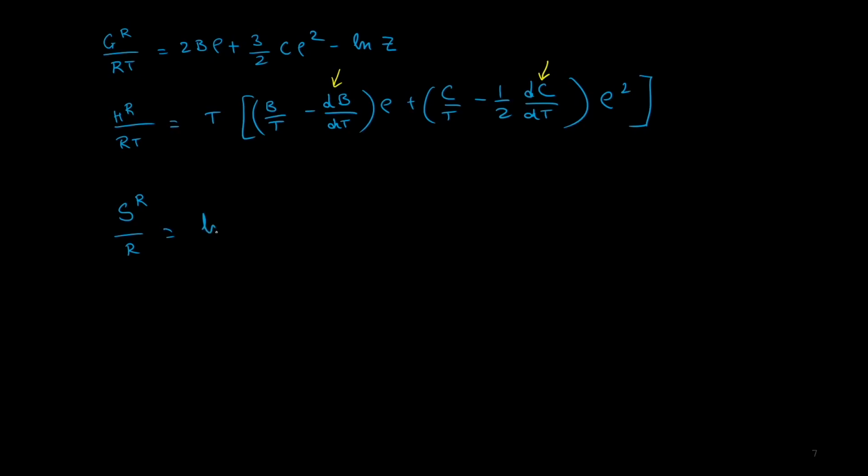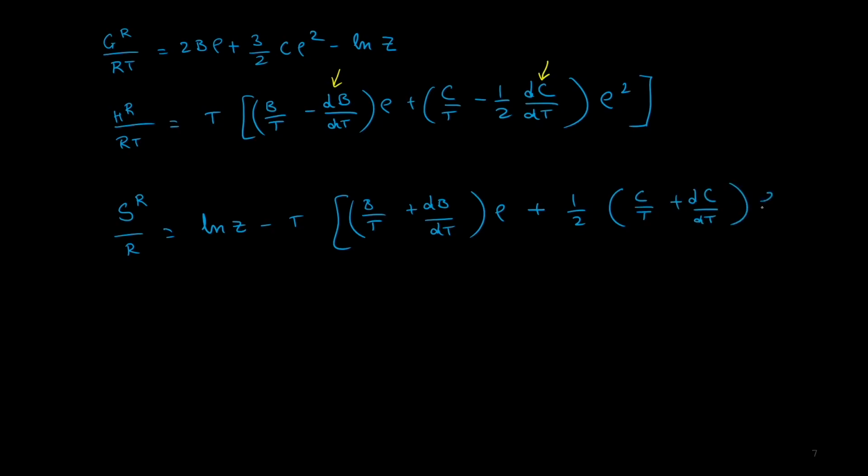It's going to be ln Z minus T times (B over T plus dB by dT) times rho plus half (C over T plus dC by dT) times rho squared. These are the three equations for GR, HR, and SR. Other thermodynamic quantities can be similarly obtained.